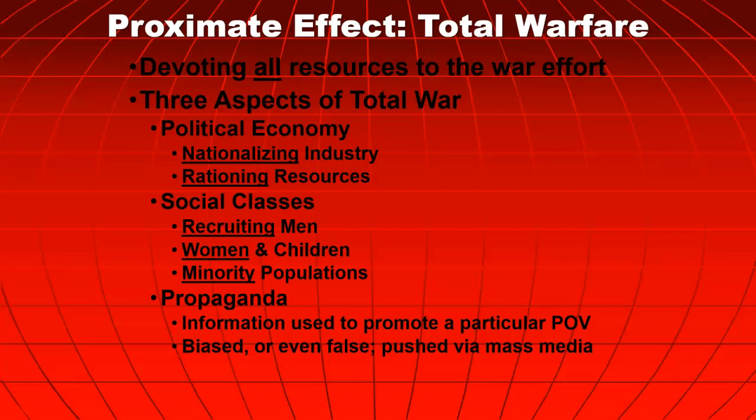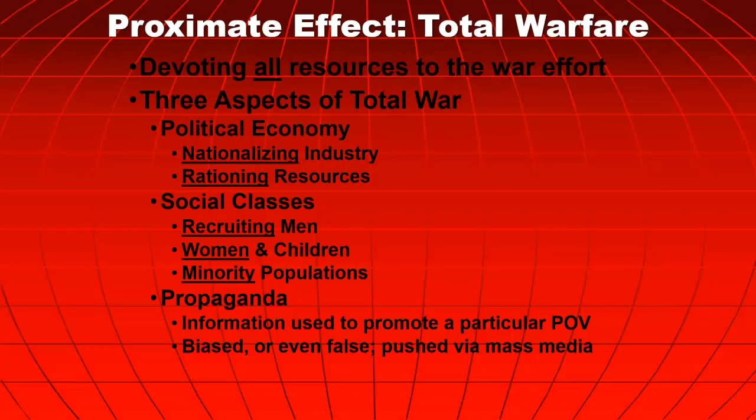But it's being pushed in mass media, which again is a type of communication that's coming out of the Industrial Revolution. And so you've got new ways of trying to manipulate the emotions of people in order to get them to do what you want them to do.